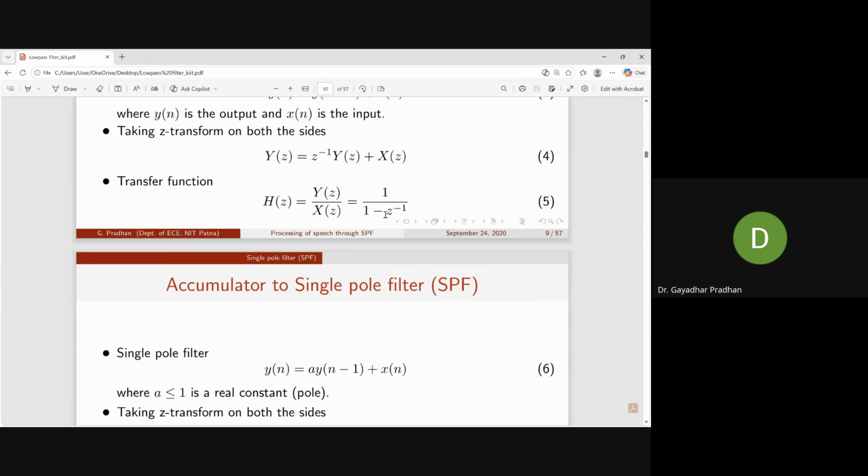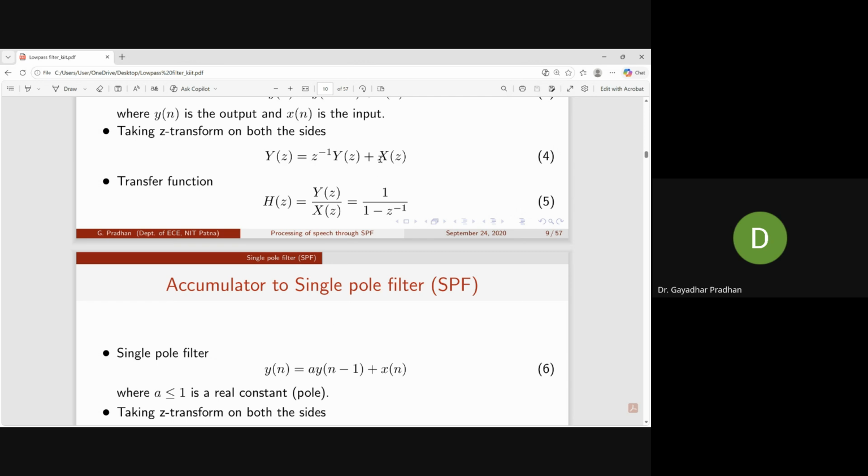Let's take a simple example. Suppose daily I keep 1,000 rupees, 1,000 rupees, so the box will fill fast. If I view today's 1,000 rupees, after 10 years it may be equivalent to 1 rupee. So I can normalize this by introducing a constant.